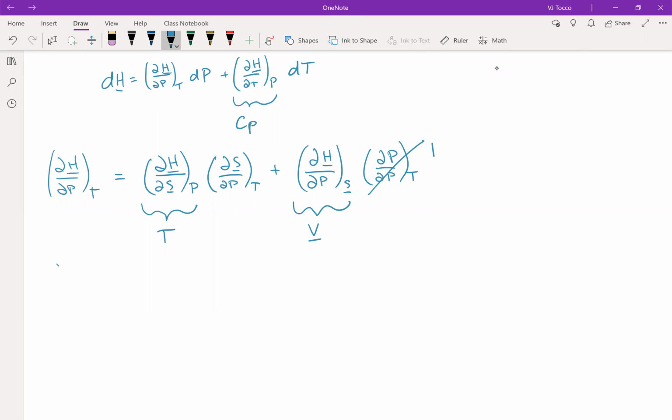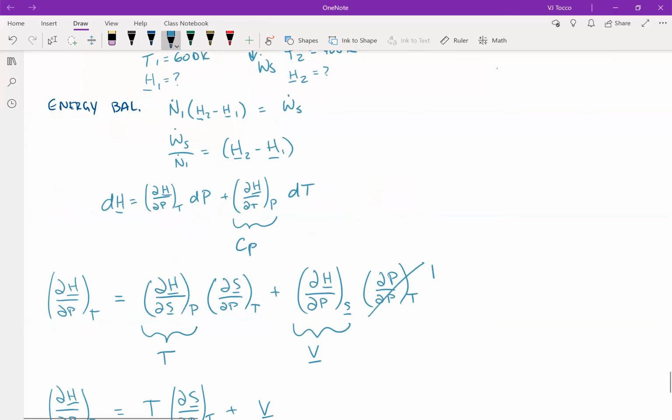All right, so rewriting it in simplified form, dH/dP at constant T is equal to T (dS/dP) at constant T plus V.